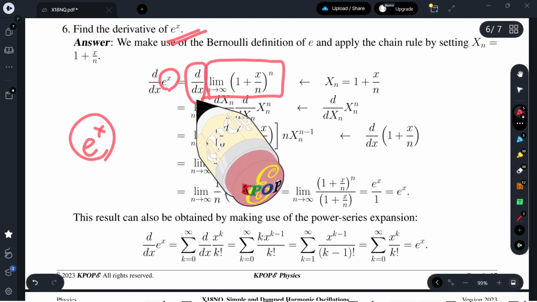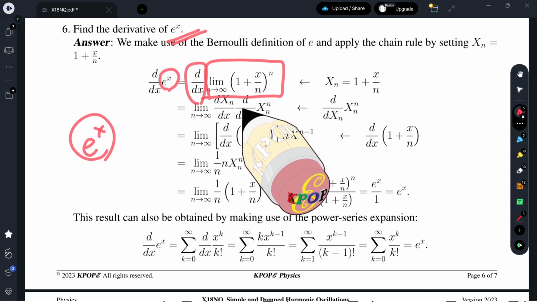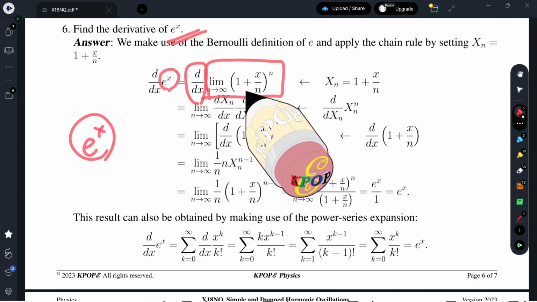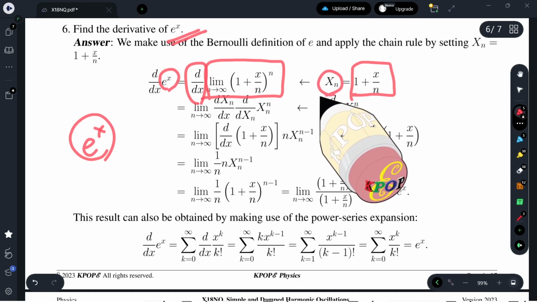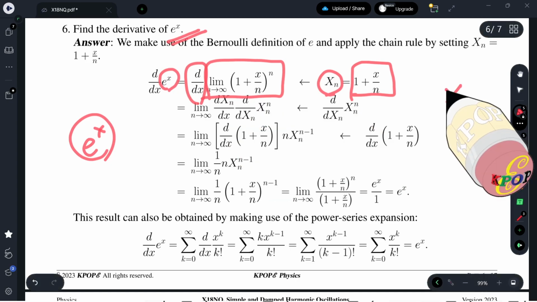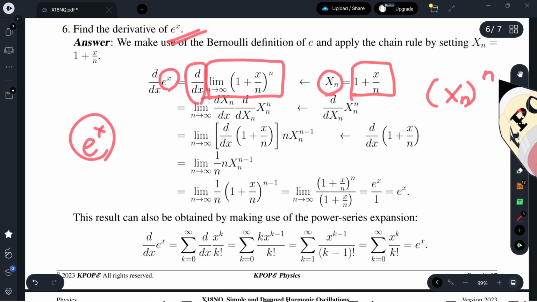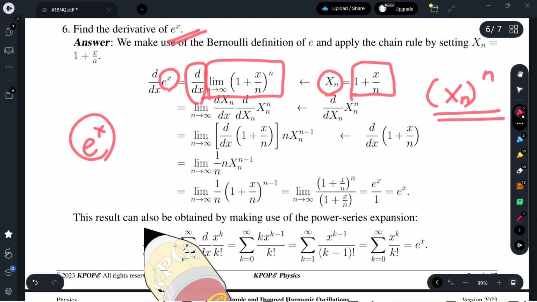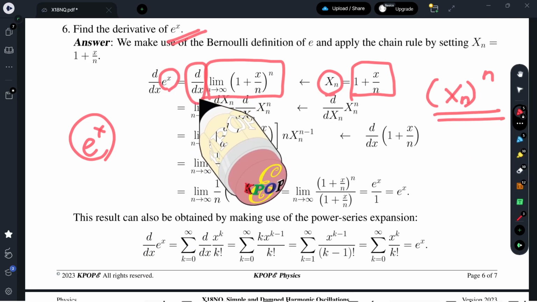exponential x replaced with the Bernoulli definition. And why don't we replace this guy with capital X of n? Then this is capital X of n to the nth power. We'd like to take the derivative of this with respect to small x.